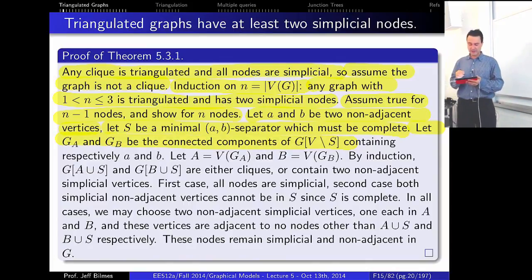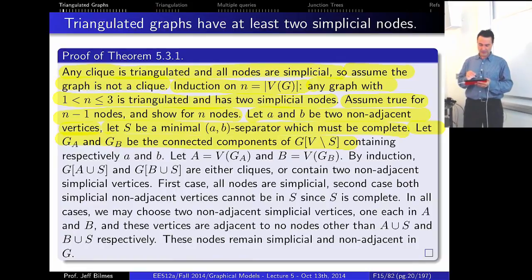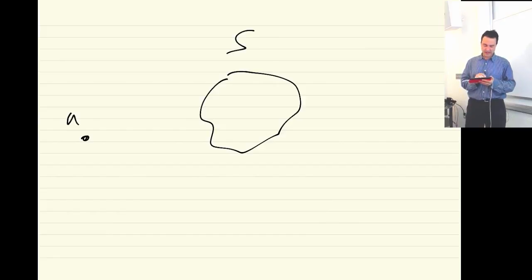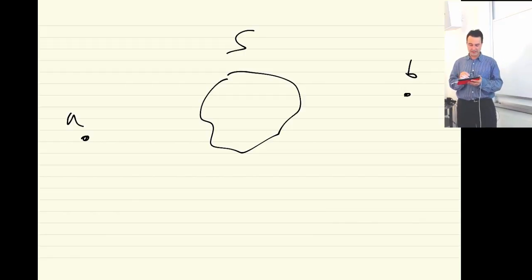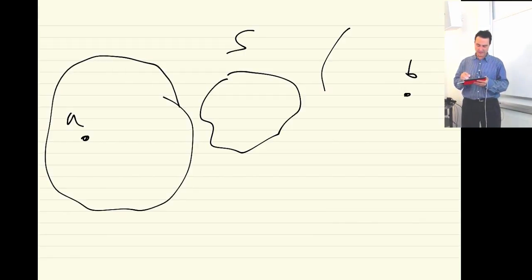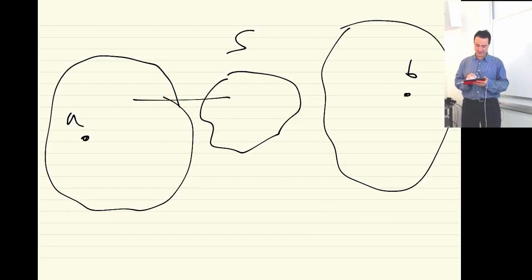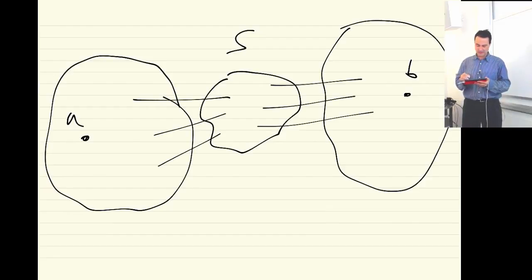So this is again this notion that maybe I should add a picture about, if this isn't clear. So we've got this separator here. And maybe here's A over here, and here's B over here. And we're going to come back to this picture a lot in today's lecture. And there's this stuff over here that involves A, and the stuff over here that involves B. And there's other stuff here.